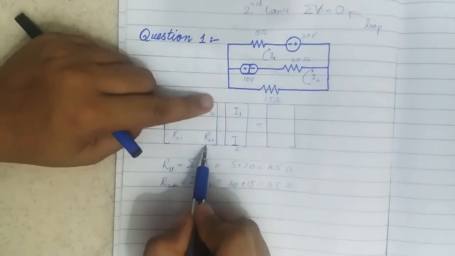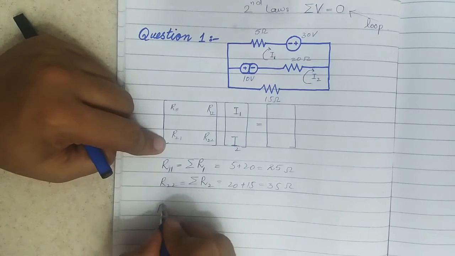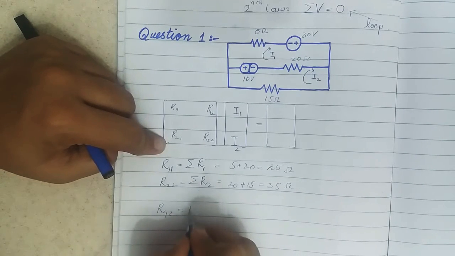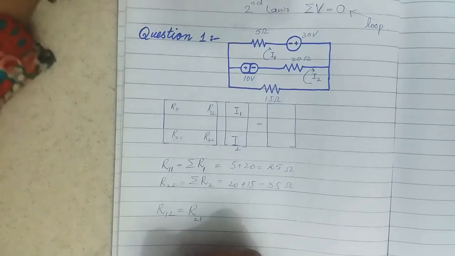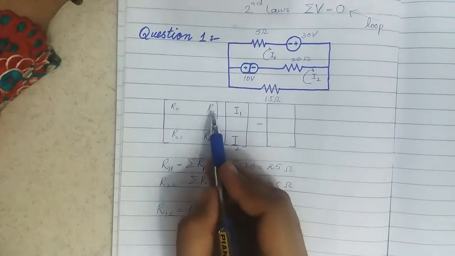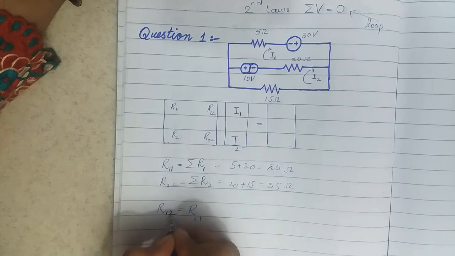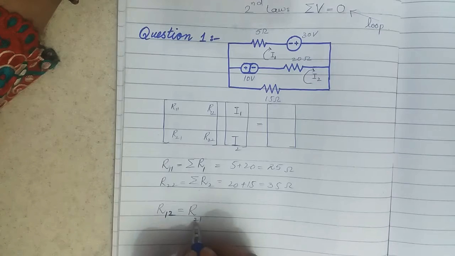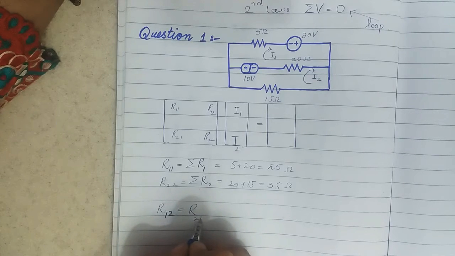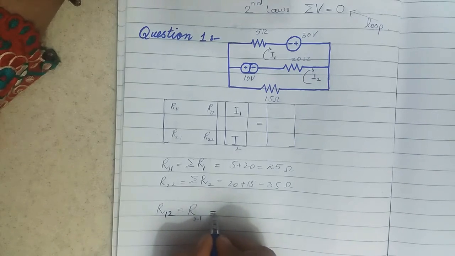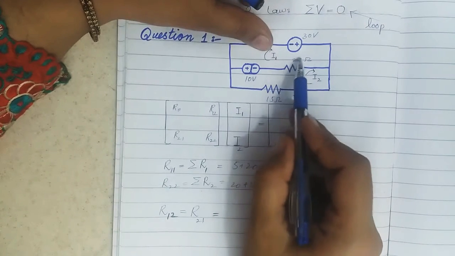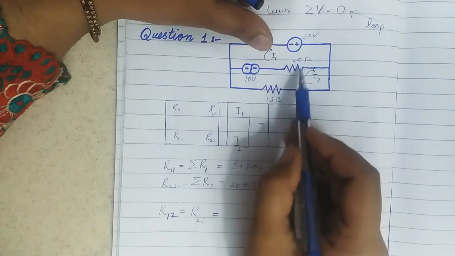Now we are finding R21 and R12. R12 and R21 are opposite to each other. So in this, we will take the resistance that is common to both the first loop and the second loop. There is only one resistance common between the first loop and the second loop.